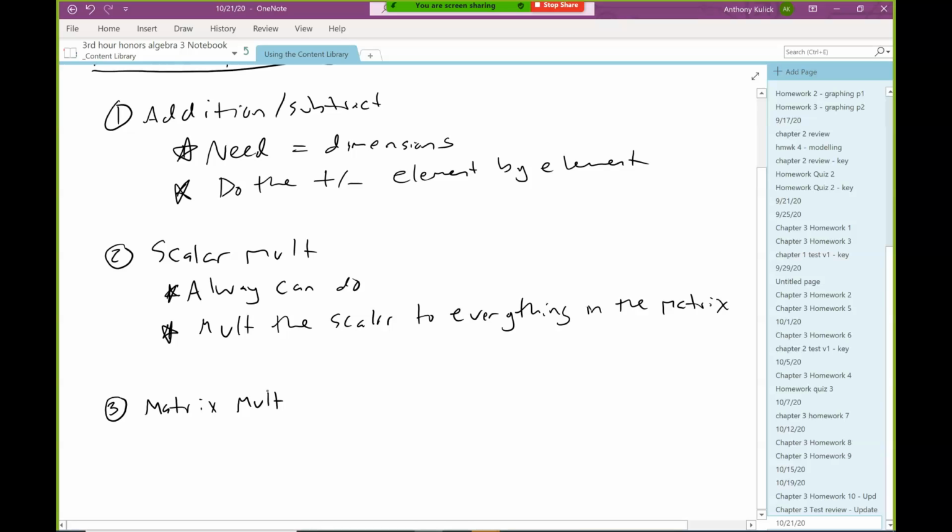We talked about matrix multiplication, so I'm just going to say A times B just so that I have something to talk about.